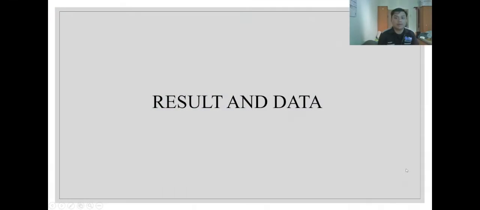Hello, Assalamualaikum. My name is HAZRIQ bin JULAILI, and today I'm going to show you the result and data for lab 3 of heat transfer, free convection.